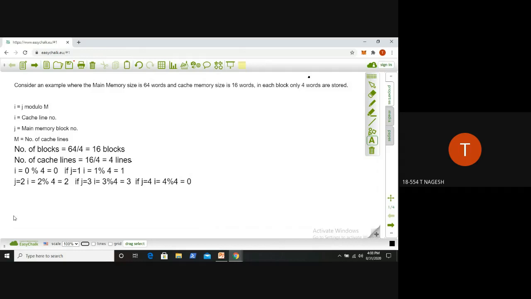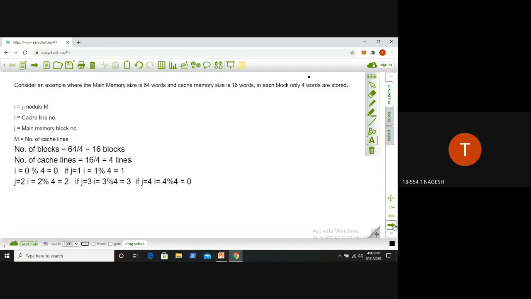That means the block number 1 will reside in line number 1. The block number 2 will reside in cache line number 2. The block number 3 will reside in cache line number 3. And the block number 4 will reside again in cache line number 0.